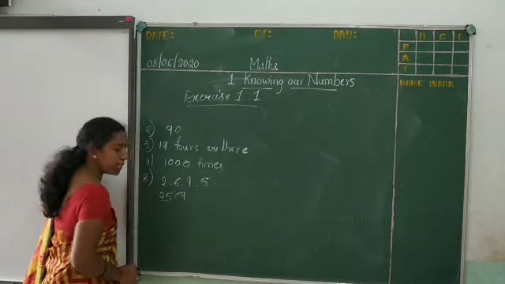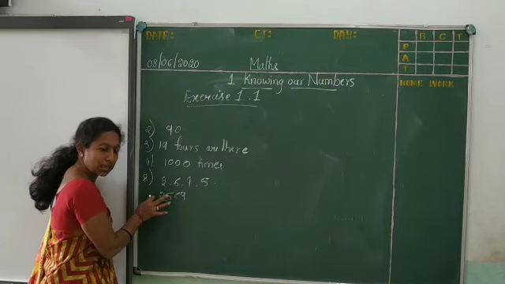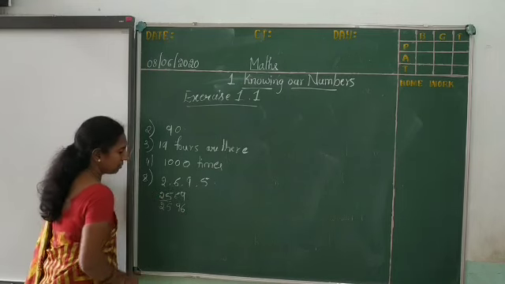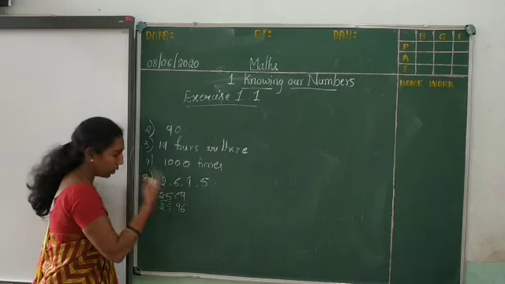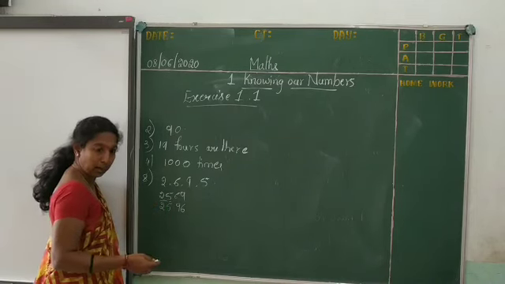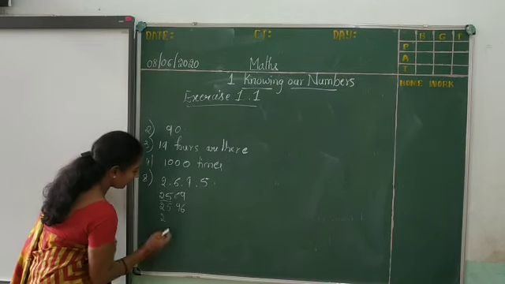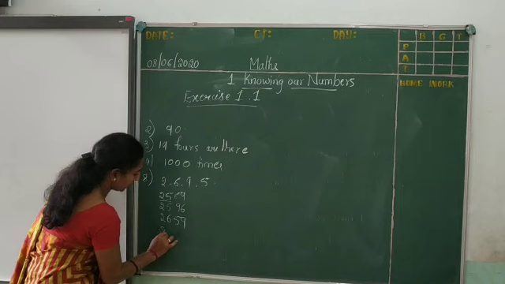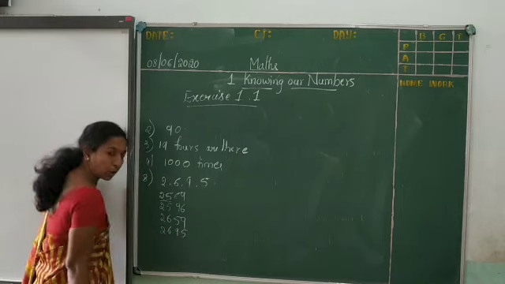I will keep these two fixed and interchange the other two, meaning 2, 5, 9, 6. So I interchange and get one more number. Now I will shift the 100 place to some other number. So 2, 6, 5, 9. Again 2, 6, 9, 5. Got it?